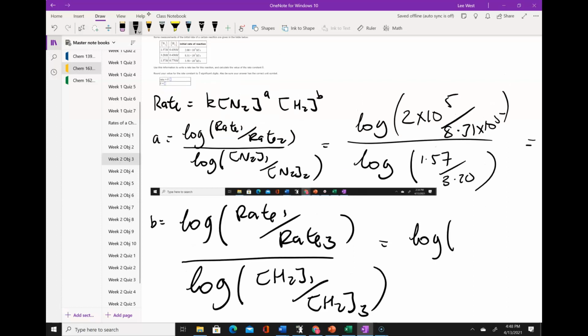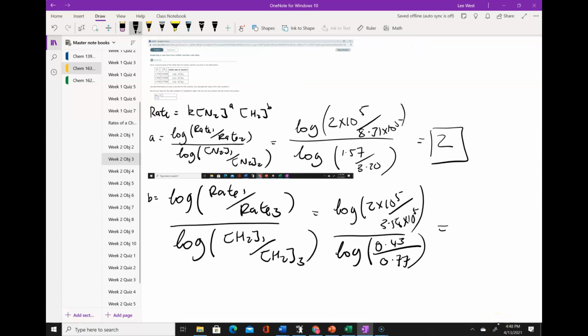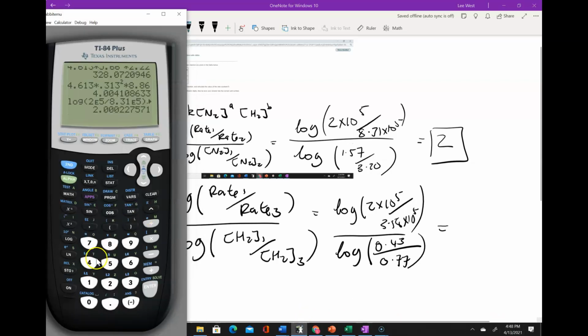So log of 2 by 10 to the 5 over 3.58 by 10 to the 5 divided by log of 0.43 on 0.770. And like I said, my wild stab in the dark is that it's going to be first order.